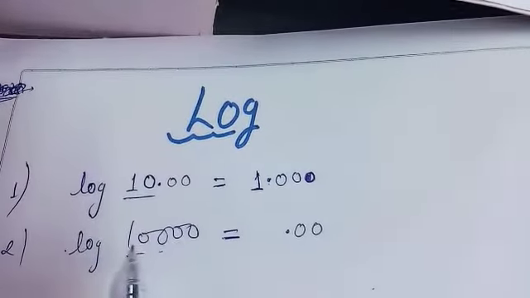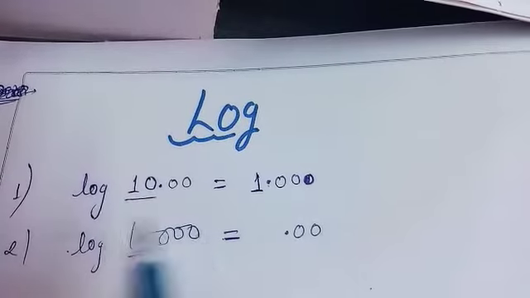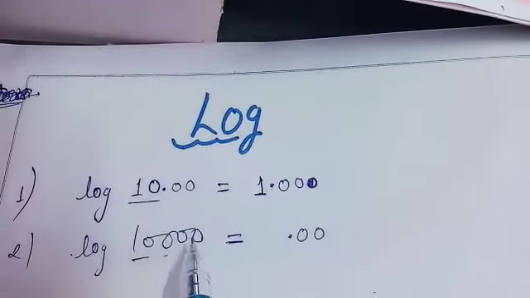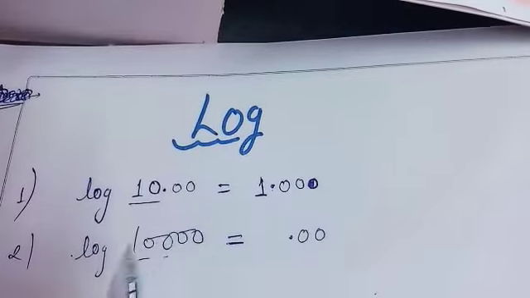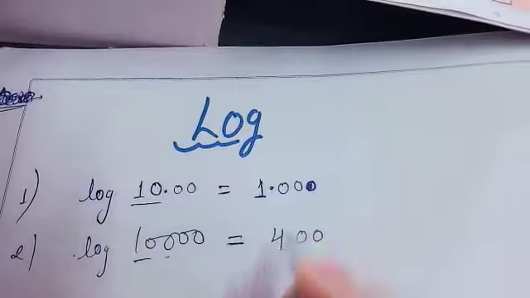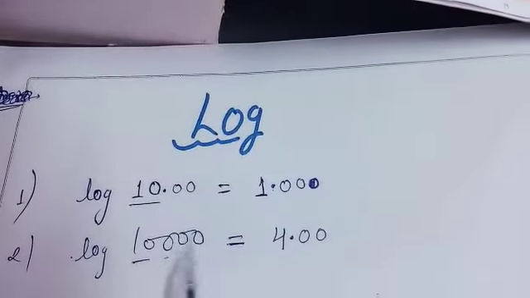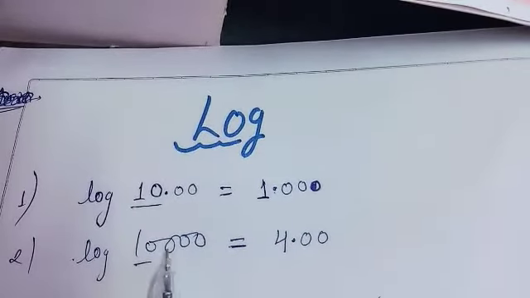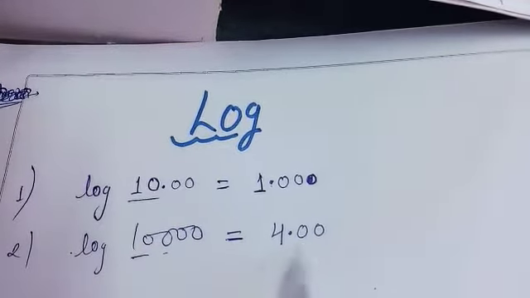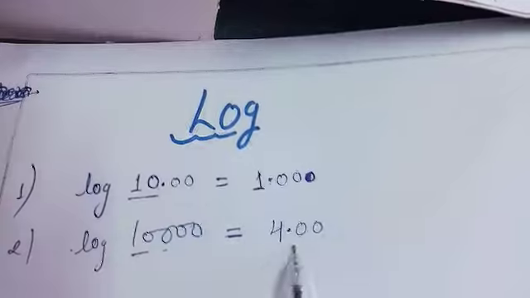Now check before decimal how many digit. Now where will the decimal go, when it is nowhere, it means before decimal how many digit are there, 1 2 3 4 5 digit. 5 minus 1, that is equal to 4. So the value of log 10,000, that is equal to 4.